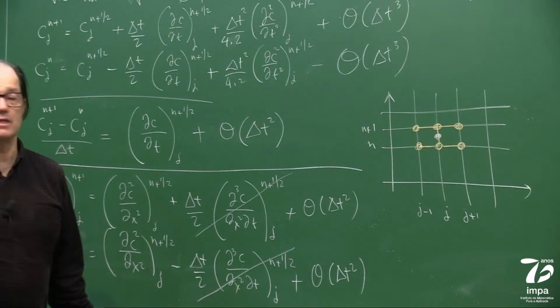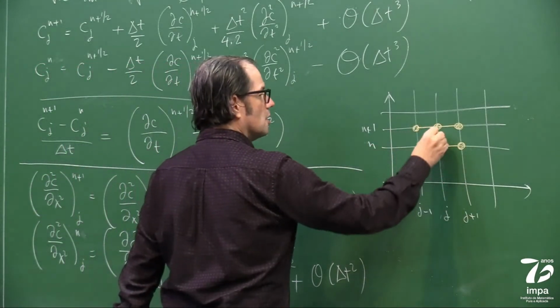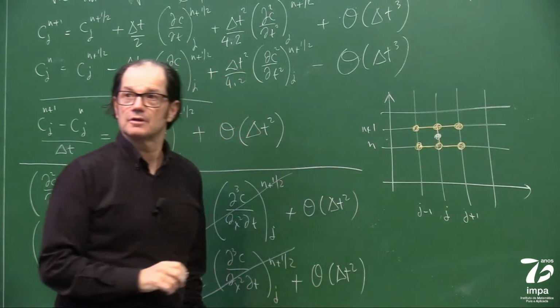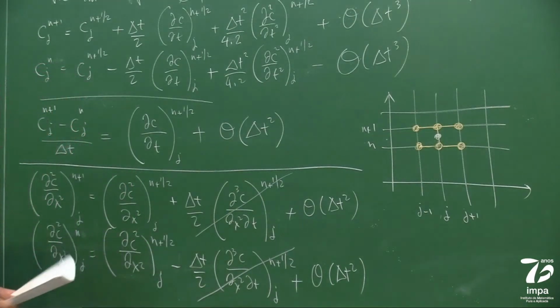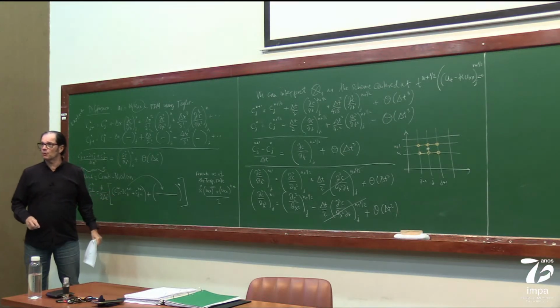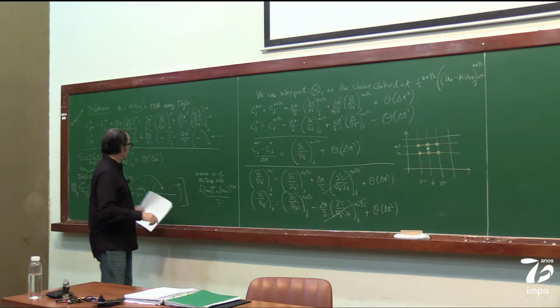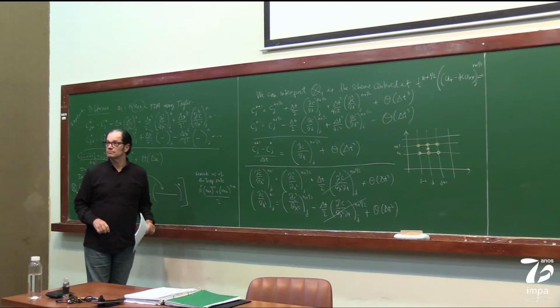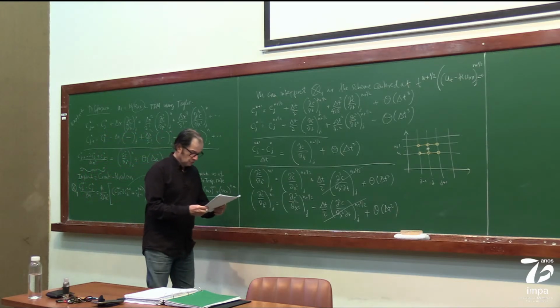I'm evaluating the PDE here at j, n plus a half, but I'm only using this method here, only the points on the grid, okay?